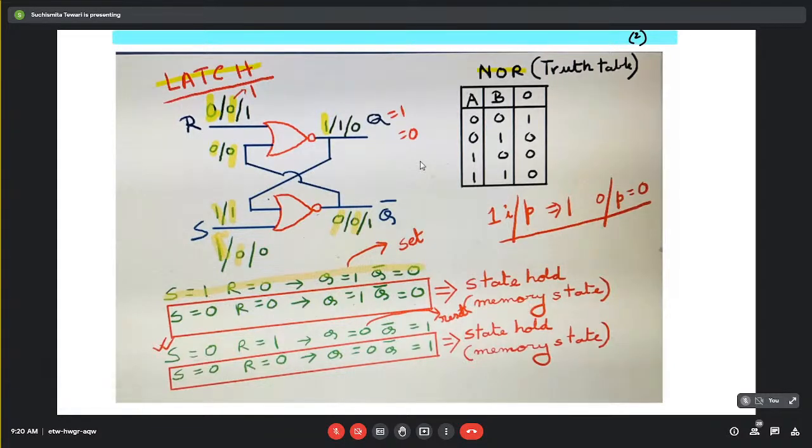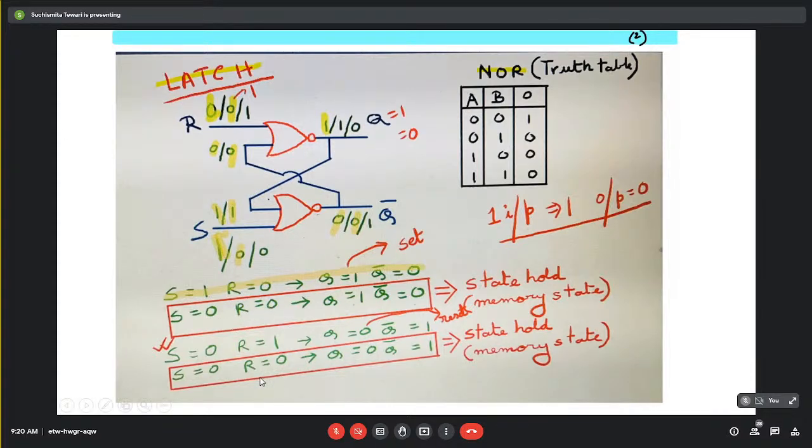Is it happening or am I wrong? Yes, ma'am, it is happening. Okay, so we have established three conditions: 1 0, 0 1, and 0 0.